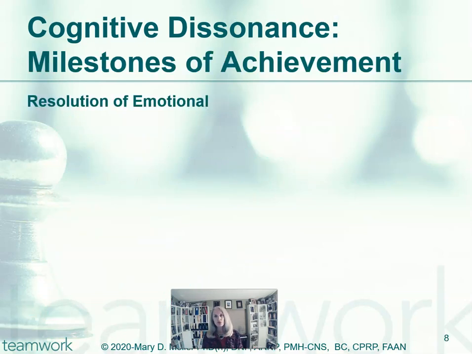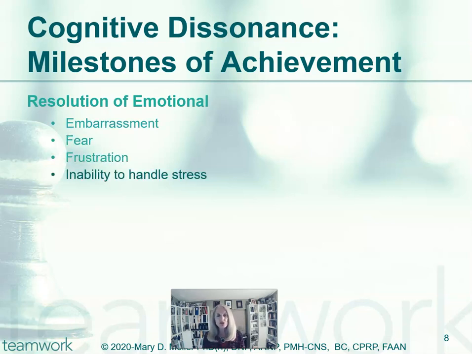So what are we looking at? What are the milestones? We're going to look at the emotional, cognitive, physiological, interpersonal milestones. So emotionally, they're dealing with embarrassment, fear, frustration, inability to handle stress, which results in a loss of self-confidence.